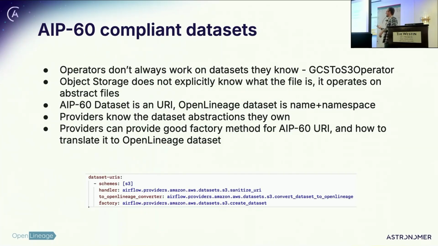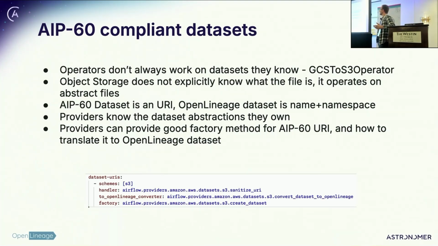And how do we understand those datasets? Basically, there is an AIP-60 that was contributed by TP Chunk that defines the standard on how Airflow datasets should be named, which is S3, colon, and then two slashes, right, and then bucket name and the path.